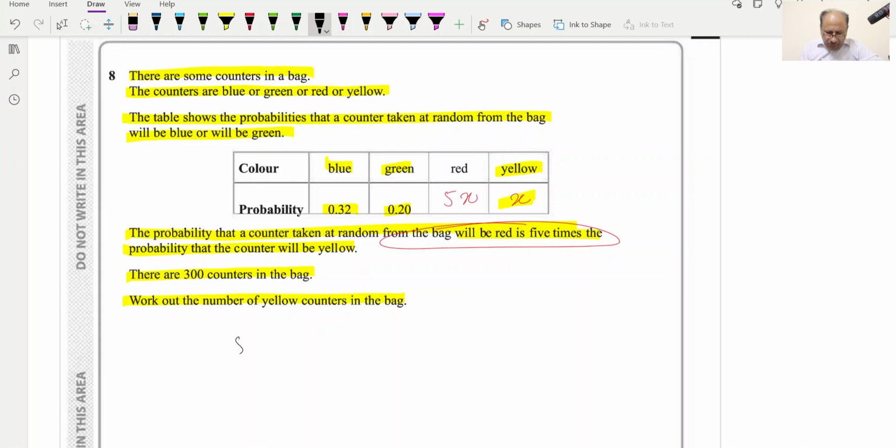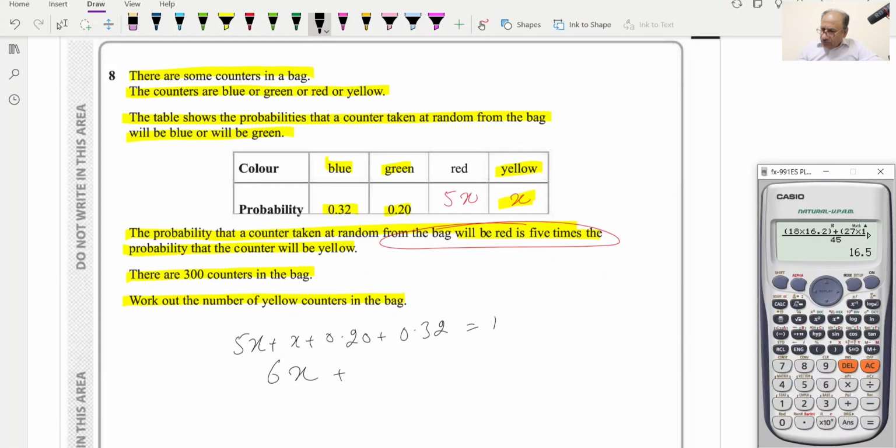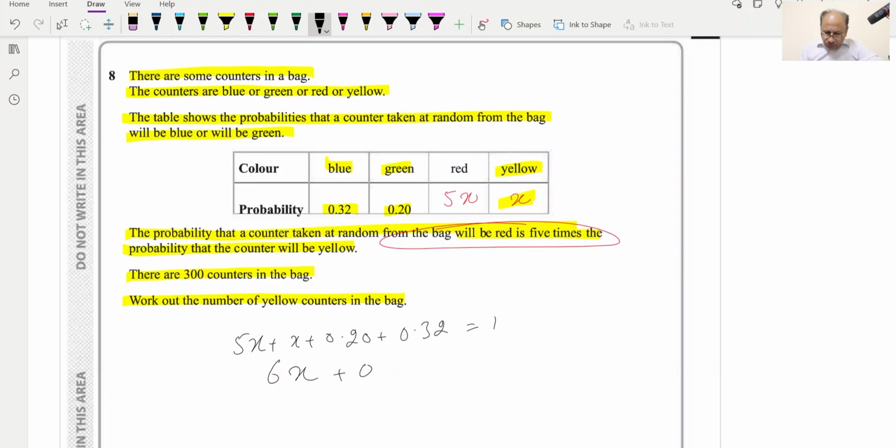So we can add 5x plus 0.20 plus 0.32 is equal to 1, and this will shrink to 6x plus 0.20 plus 0.32, and this will be equal to 0.52. So 6x plus 0.52 is equal to 1.